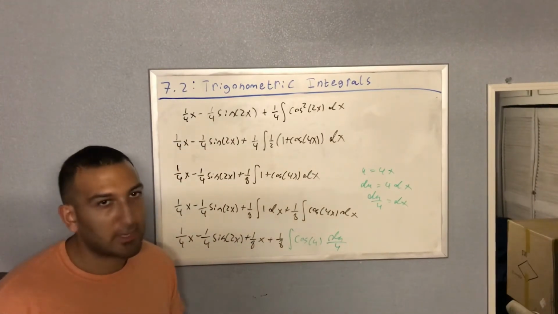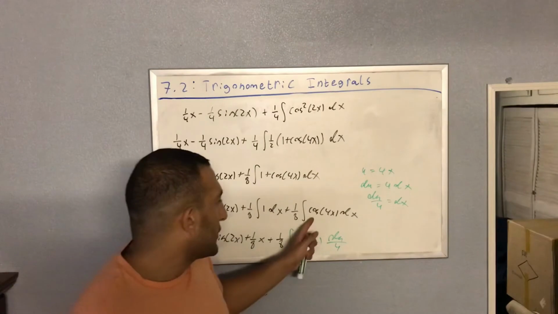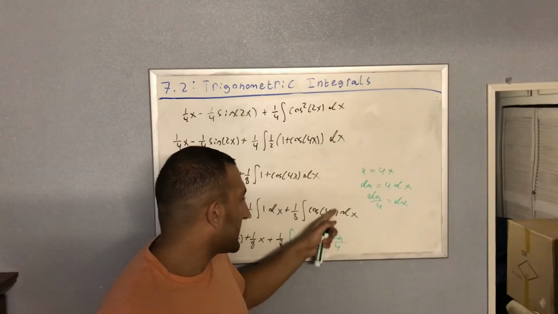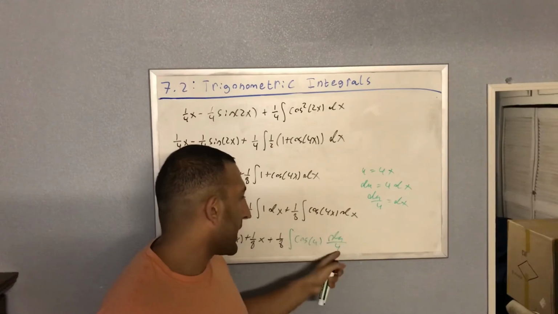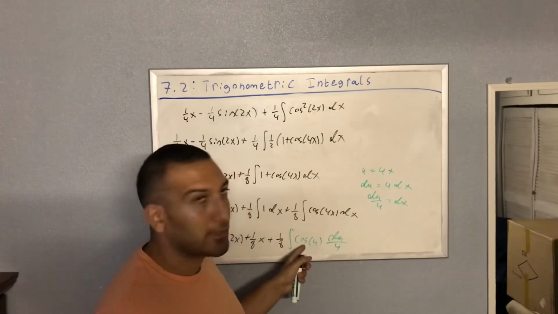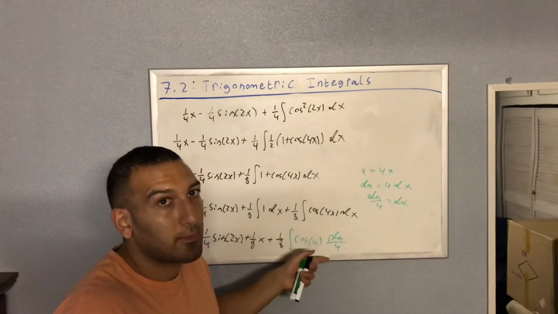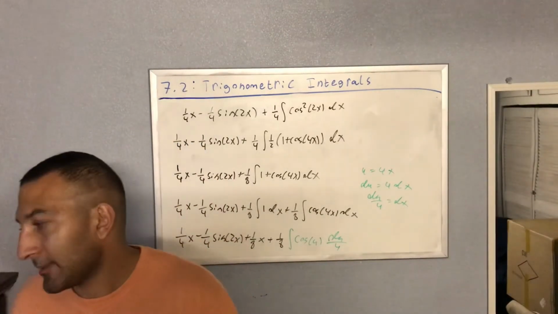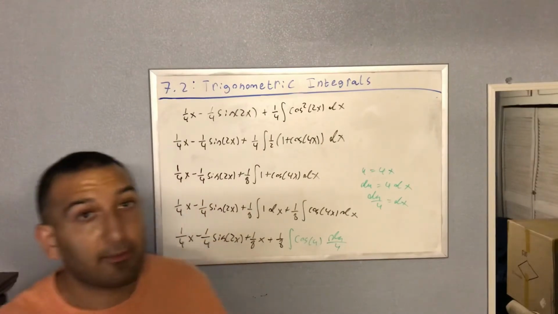And you're going to see this trick happen a lot. If you just have cosine of some constant times x, its integral is just going to pick up 1 over that constant, and then it'll turn it into just the integral of cosine, whatever it is, which will turn into sine.